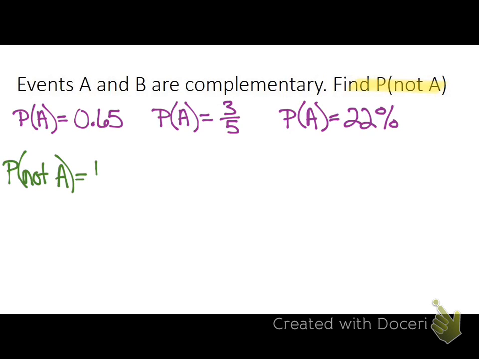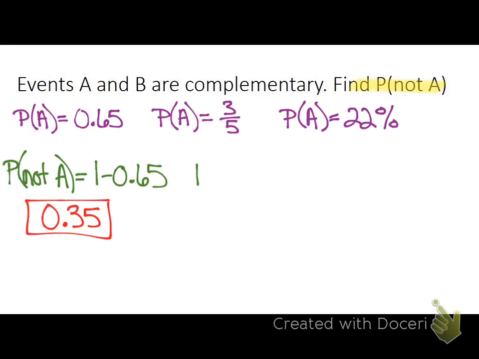So here's the work that I'm looking for. Probability of not A equals, what do you subtract 0.65 from? 100. No, 1. Oh. So you know that, but you don't want to write it. That's the problem. You need to write it out. 1 minus 0.65 equals 0.35. You say, well, I got the answer, why do I have to show the work? Because that's part of solving.